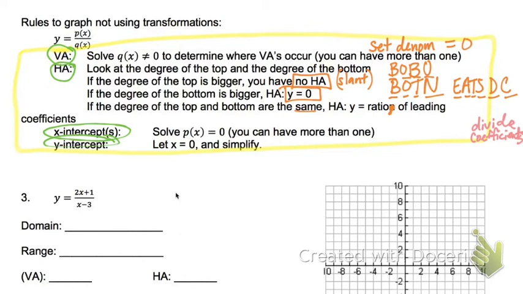So BOBO is what? Bigger on bottom, 0. What is BOTTEN? Bigger on top, none. EATS DC. Exponents are the same. Divide coefficients. Good. So that is horizontal asymptote. X-intercepts, you set the numerator equal to 0.